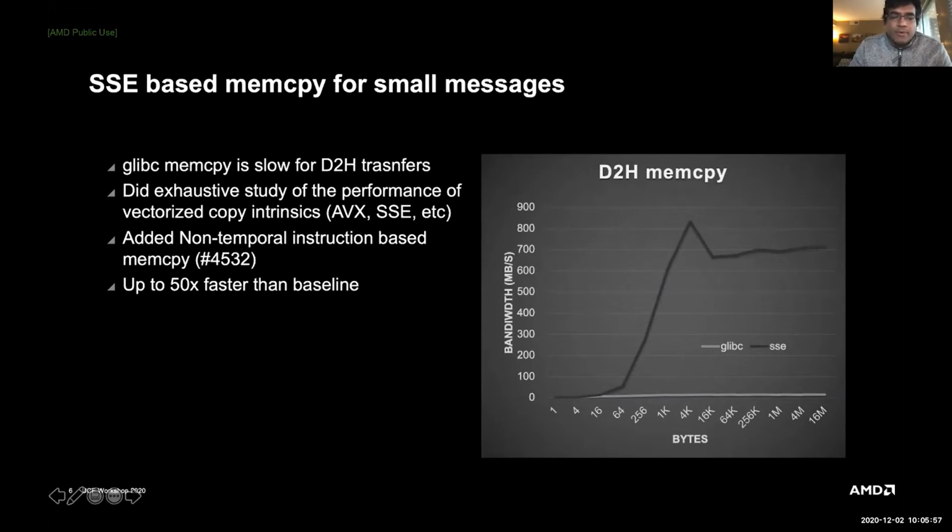This is a type of read from memory that does not modify the cache. The details are in the pull request, but basically using that special instruction allowed us to write a very fast memcpy that performs about 50 times faster when doing D2H transfers. That's the one that we are currently using in the ROCm copy path.